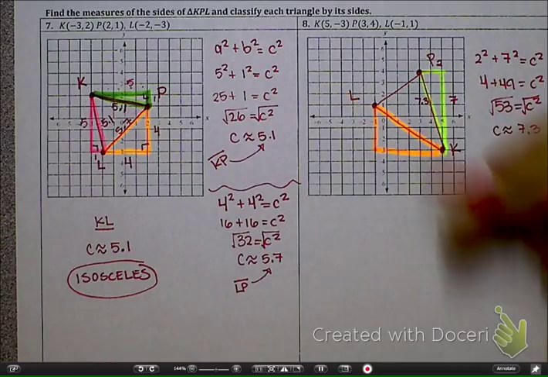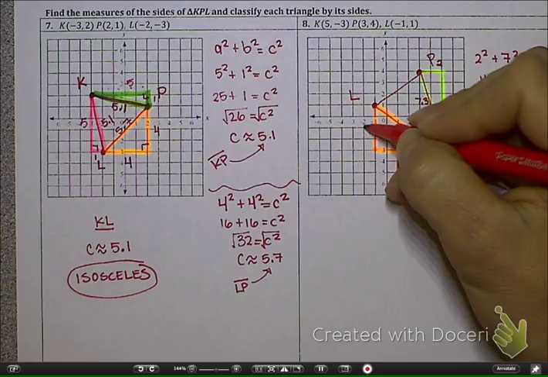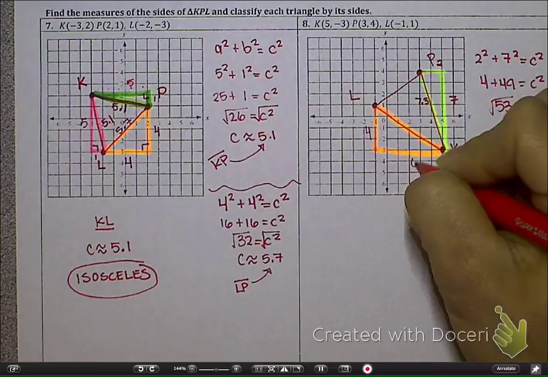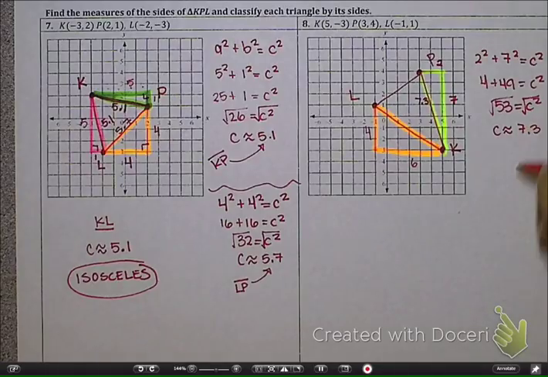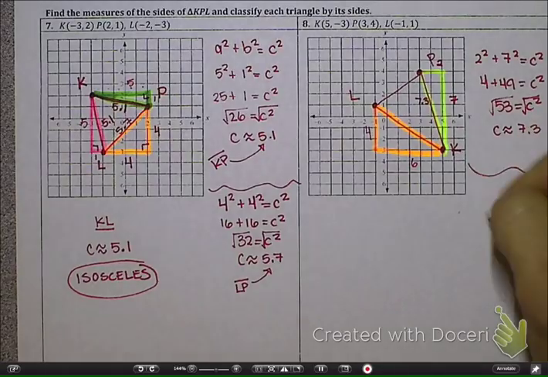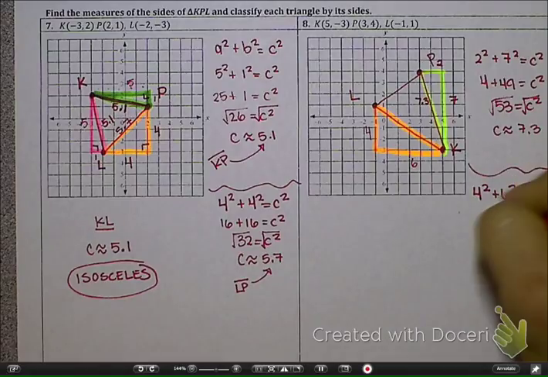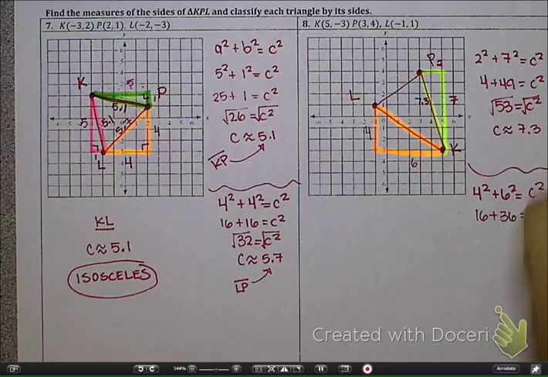So when I count this one, 1, 2, 3, 4. 1, 2, 3, 4, 5, 6. Okay, so for LK, I'm getting 4 squared plus 6 squared. What's that? Okay, I'm getting 52.